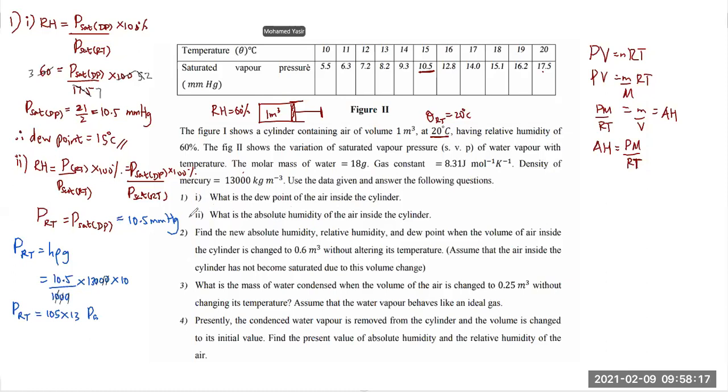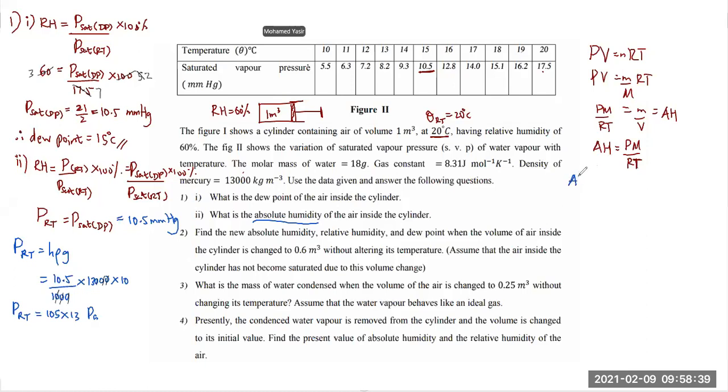Now, what is our purpose? Finding the absolute humidity. To find the absolute humidity, I need mass over volume. Right. So for that, I will go to this equation.